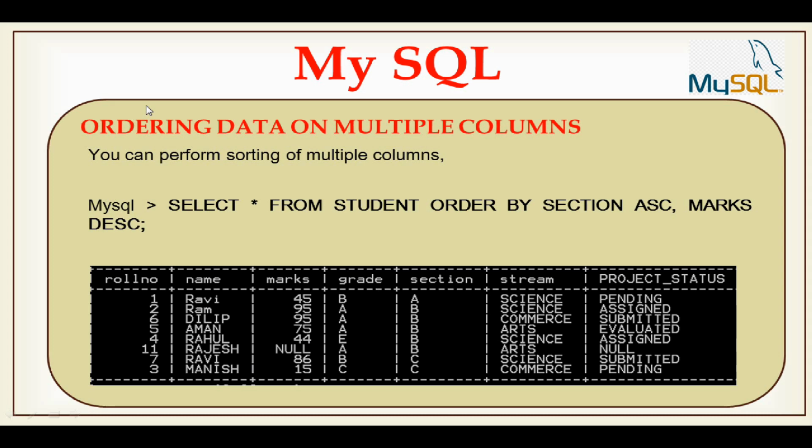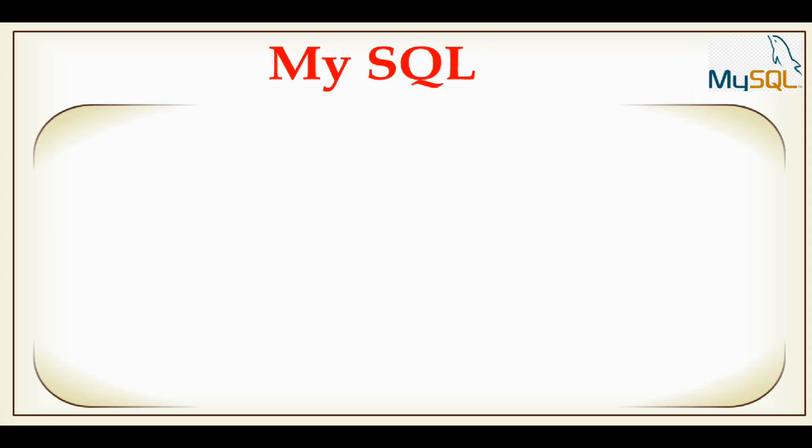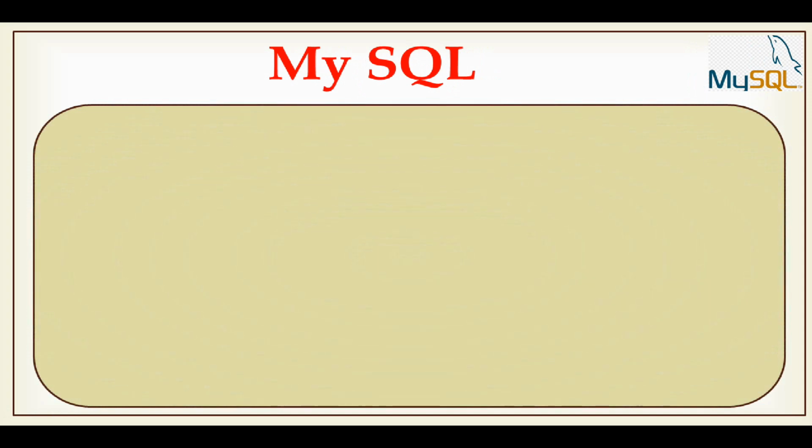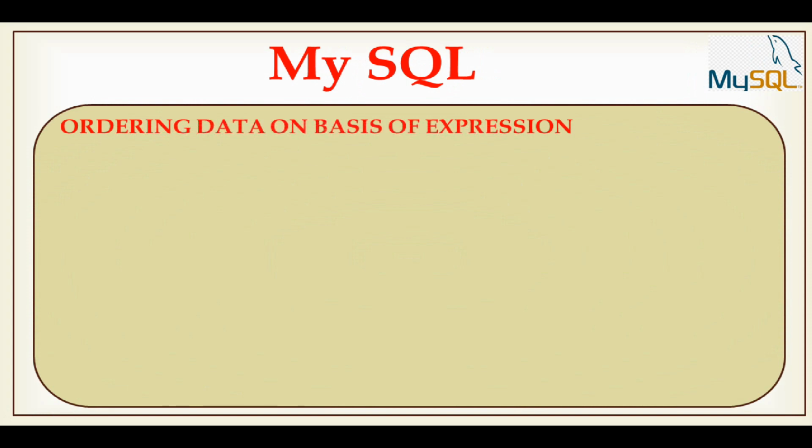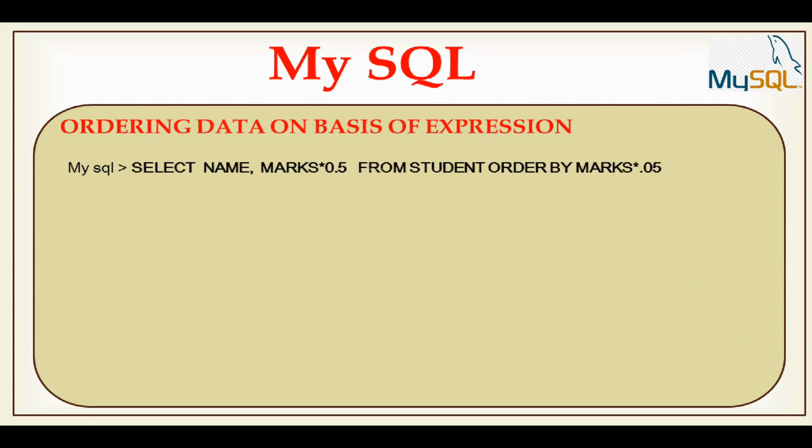Let us now move to the next section of the chapter. Here we are going to learn how we can order the data on the basis of some expression. The ORDER BY clause allows us to include a mathematical expression to order the result set by it. However, to arrange the result set on the basis of a mathematical expression, one should preferably include the expression in the select list also, so that it becomes easy to comprehend.